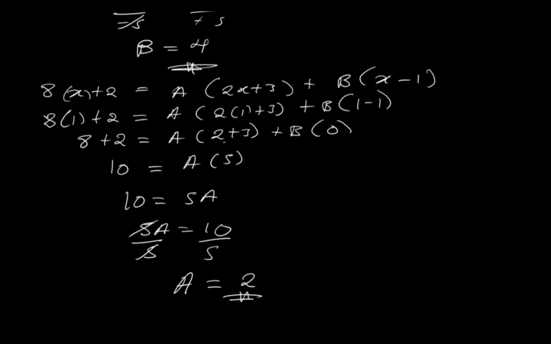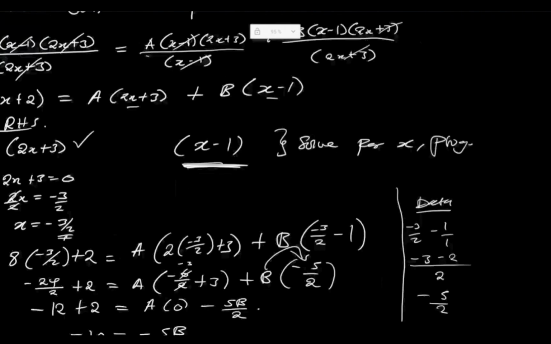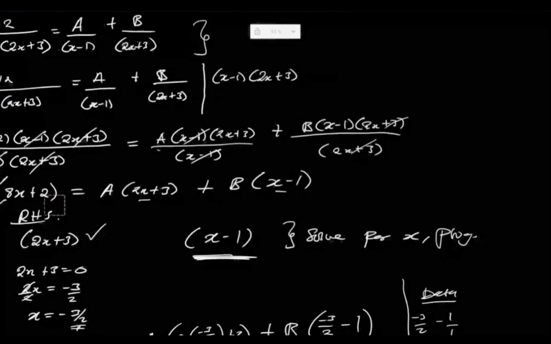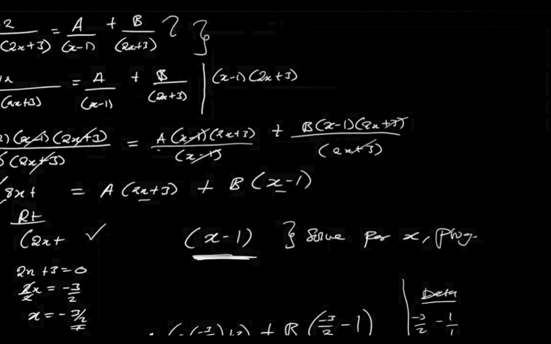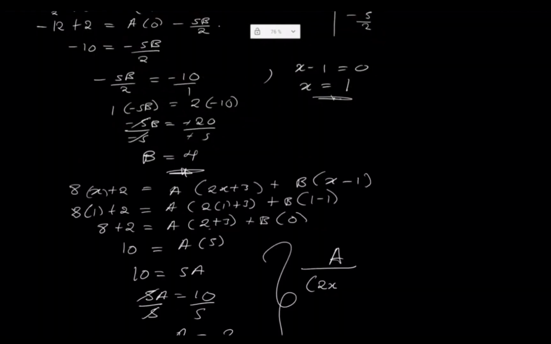Now, remember, your decomposition was in the form of a over x minus 1, plus b over 2x plus 3. Let's just try and confirm. So that's your decomposition right there.